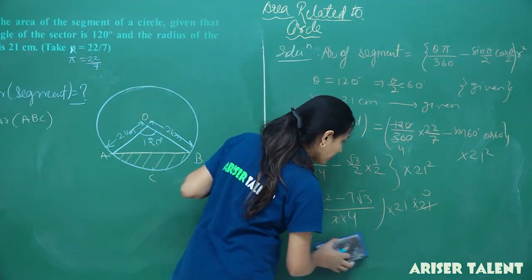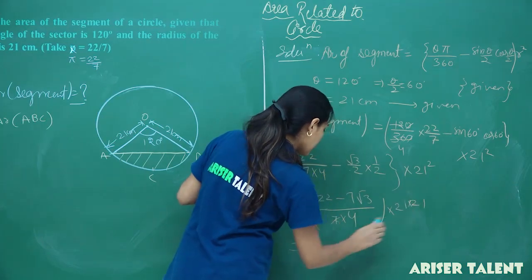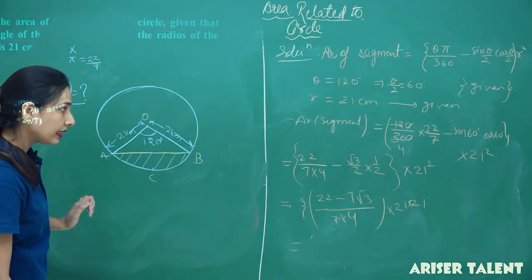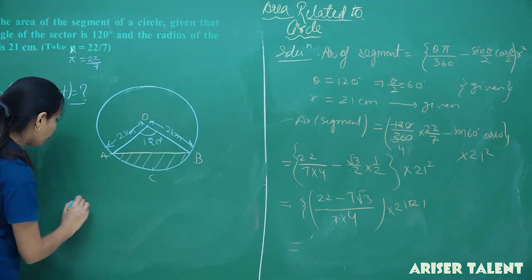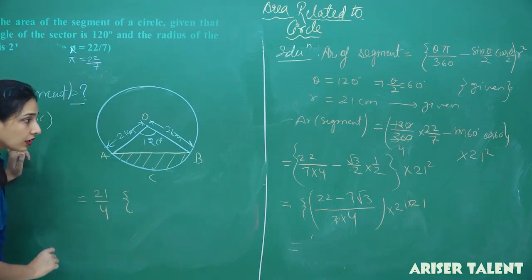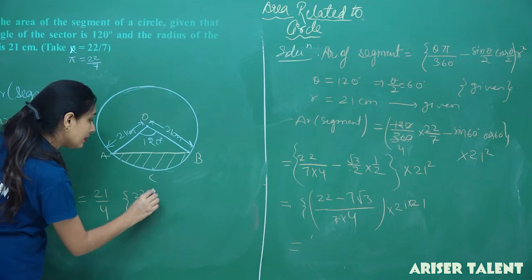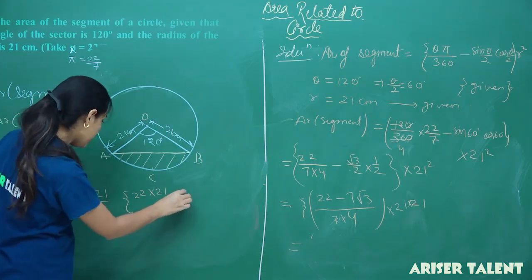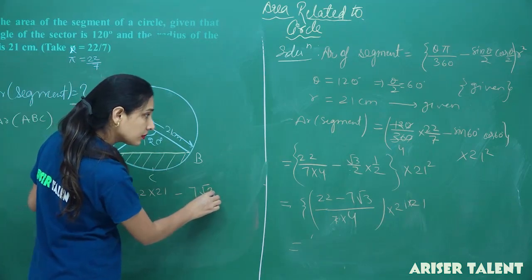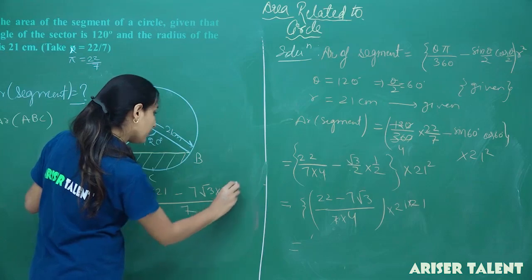If you want to solve it again, you can just take common, or I can do one thing. I can take 7 by 21 common. Can I take this 21 by 4 common? So 21 by 4 common. If I am taking this common, what will I get? 22 multiplied by 21 minus 3 multiplied by 21 divided by 7.